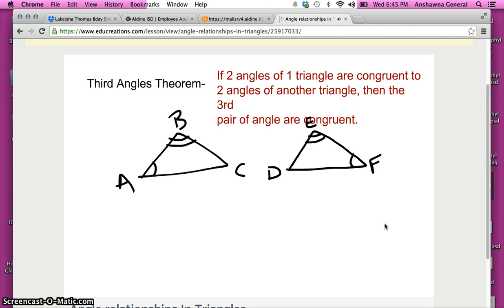Okay, so notice that angle A is congruent to angle F. B is congruent to angle E. So according to the third angles theorem, angle C is congruent to angle D. Okay, we're going to do one example.